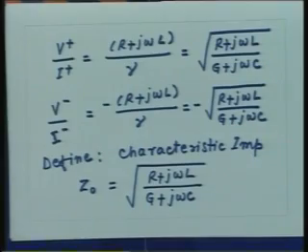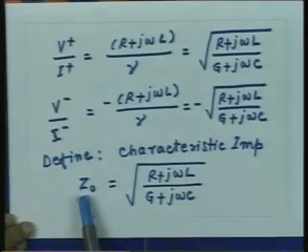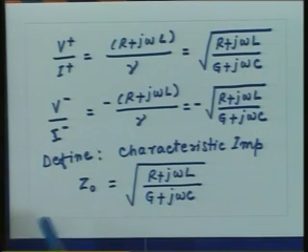So, two parameters, the propagation constant gamma and the characteristic impedance Z naught, completely characterize the propagation on a transmission line. R, L, G and C, though they are the primary parameters, hardly do we go to these parameters in transmission line calculations.